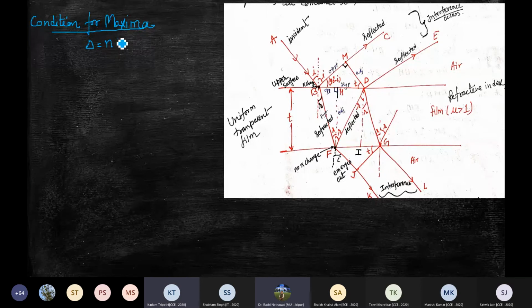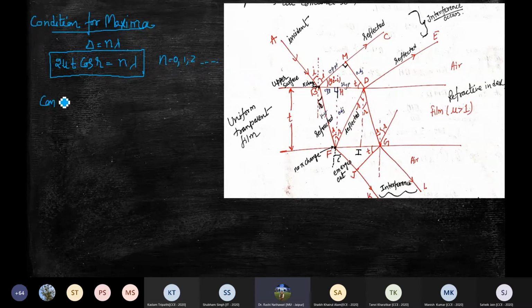N lambda. And what is our delta? 2 mu t cos r. Yes. So this is the condition for maxima, where n is equal to 0, 1, 2, 3, and so on. Very simple.